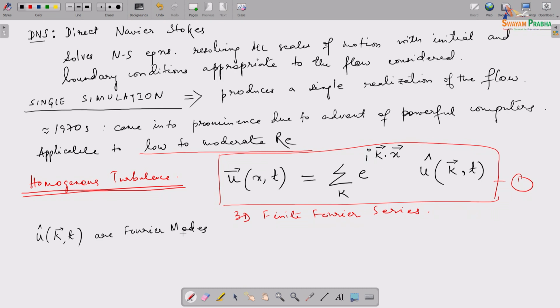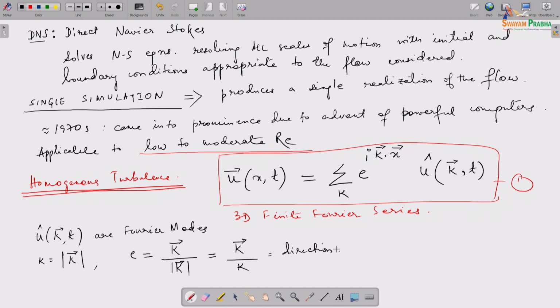The k that you see here, over which this is summed up, and E, is actually equal to this, which is equal to this, and this is nothing but direction.